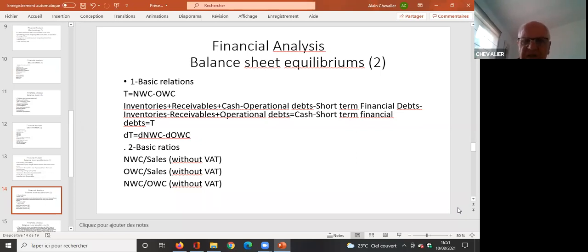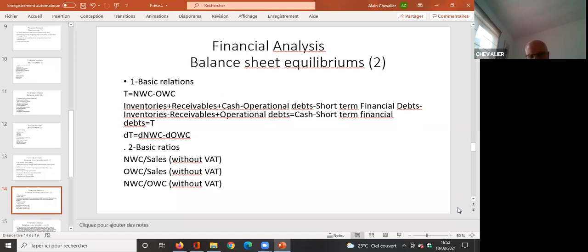Now, a few basic ratios which are commonly used. The first one is the net working capital divided by the sales level. And notice that in all these calculations, sales will always be without VAT. We will use sales compared to something different only for customers' credit, which means receivable divided by sales, and receivable being with VAT, sales taken into account will be with VAT.